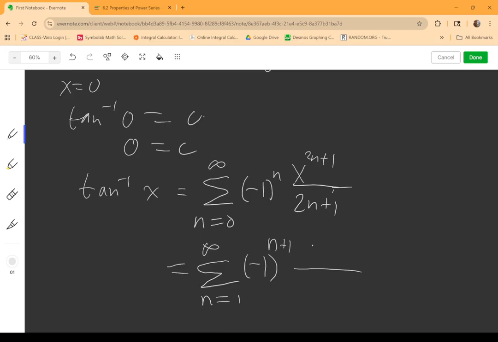And in order to match up with the correct powers, I have to write it like this. And then you see here now when n is 1, you get 2, you get negative 1 squared, which is positive, and then up here you'll get 2 minus 1, which is 1. So you get the same pattern. So just recognize that these are the same. It's just a different representation.